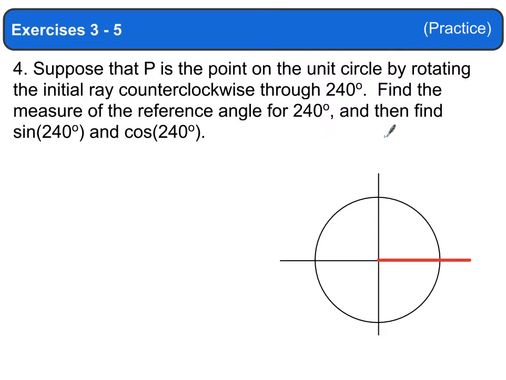So just as reference, let's remind ourselves, this is 90, this is 180, this is going to be 270, and this is going to be 360 degrees, which is also known as 0 degrees. We'll put our little degree symbols on each one. And so we're looking for 240 degrees, right?